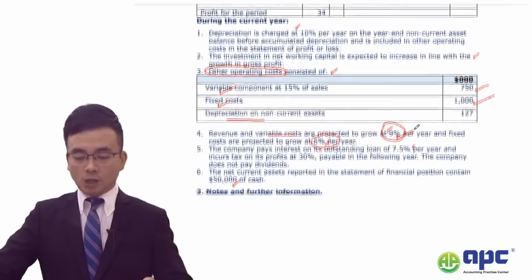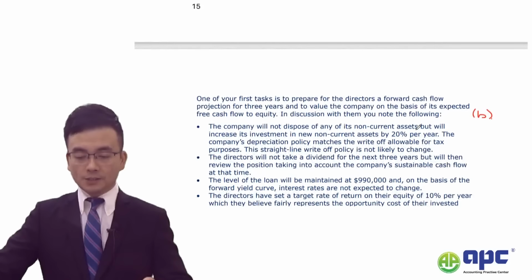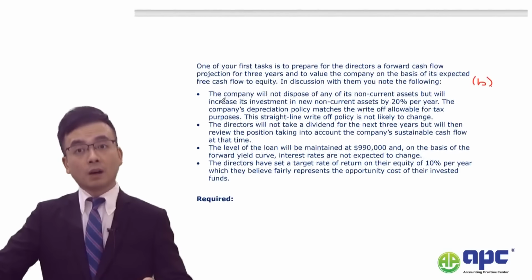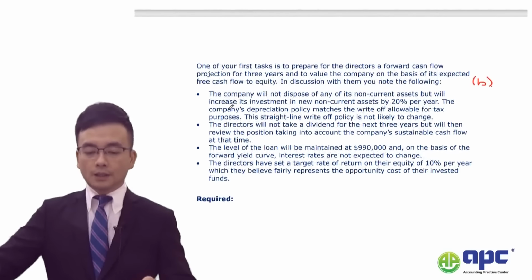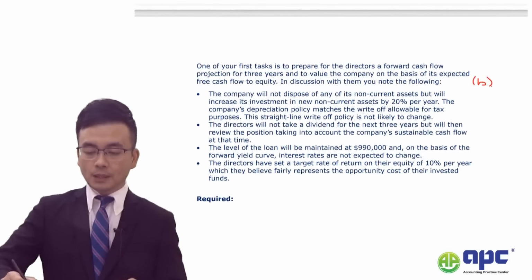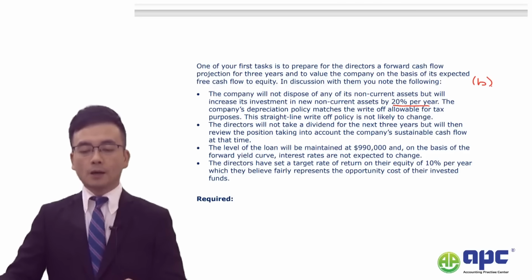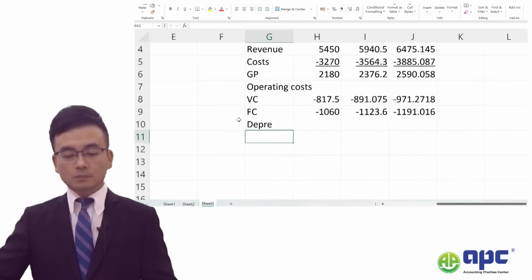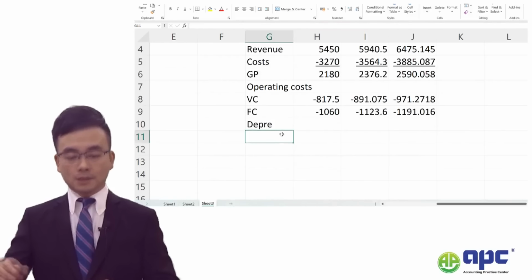And also, is it growing? Well, the answer is yes, because if you look at the next page of our note, the investment is increasing by 20% per year. So that's why we talk about depreciation here.